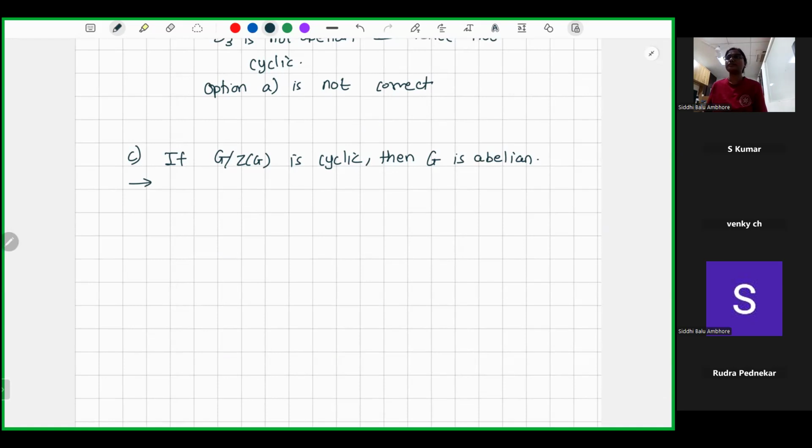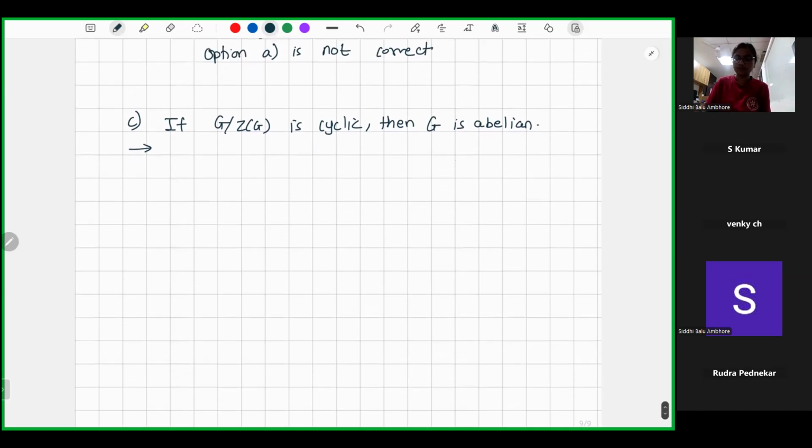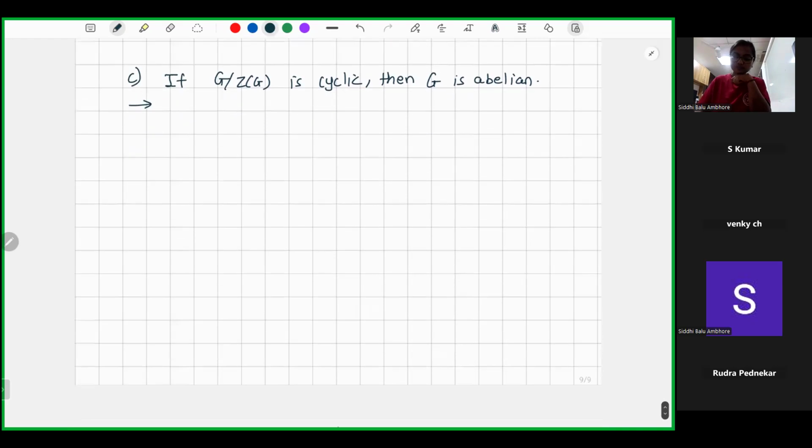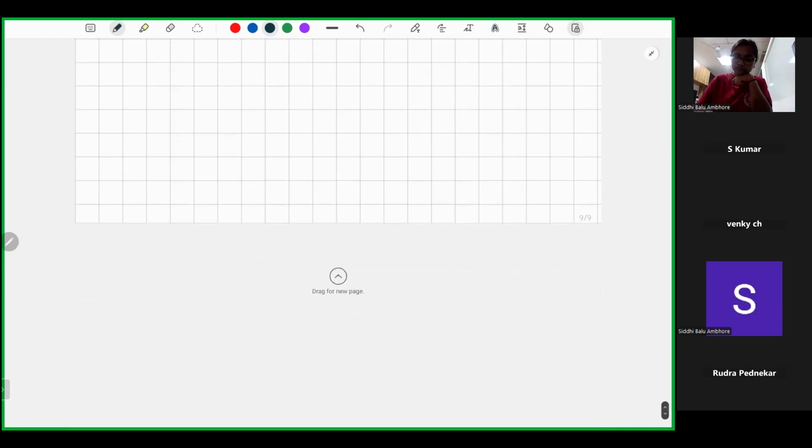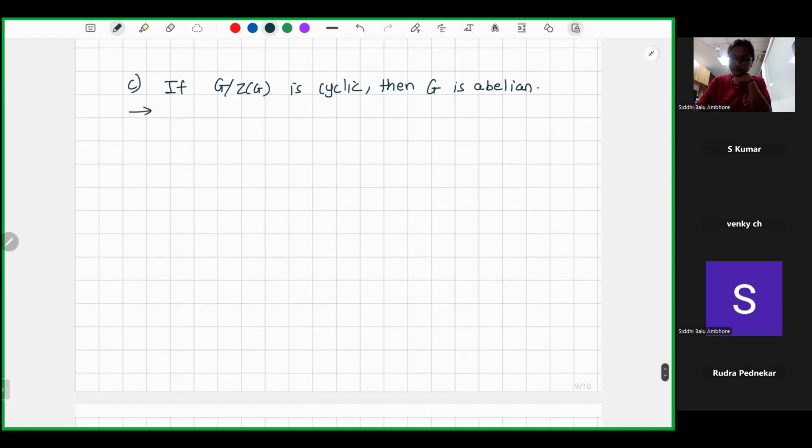Can you give me a counterexample? Okay, in S3, what is the center of the group?